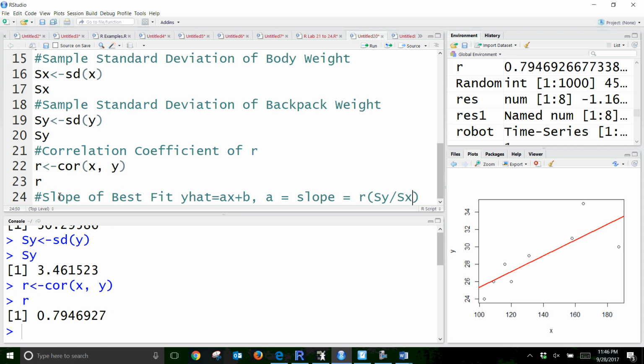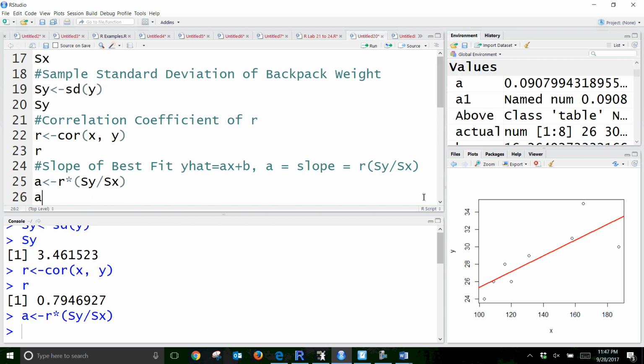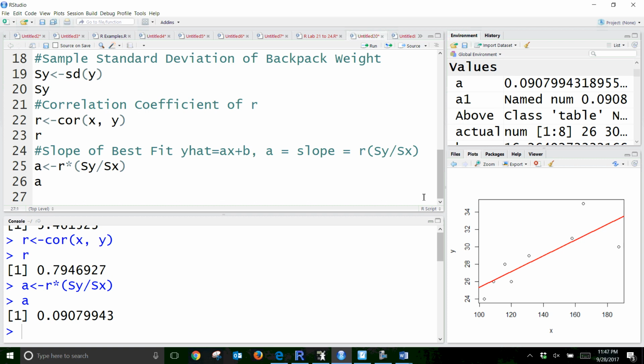Okay. So a, we'll call this a. That's going to be equal to r times s sub y divided by s sub x. Okay. So you can say our slope is about 0.09.